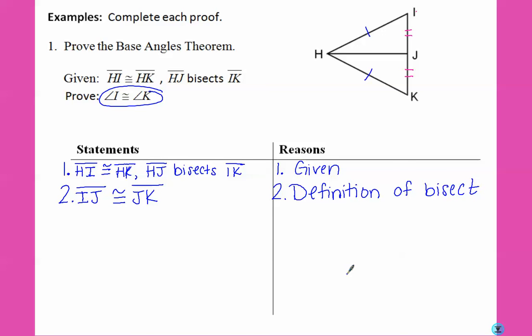What else do we know is congruent on this triangle? We know that HJ is congruent to HJ from our reflexive property.